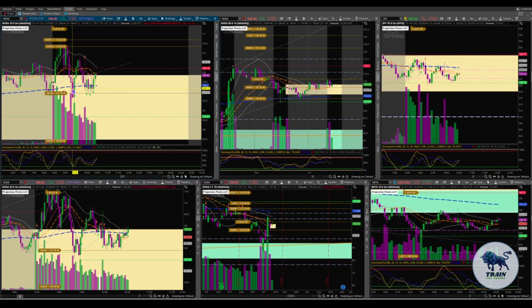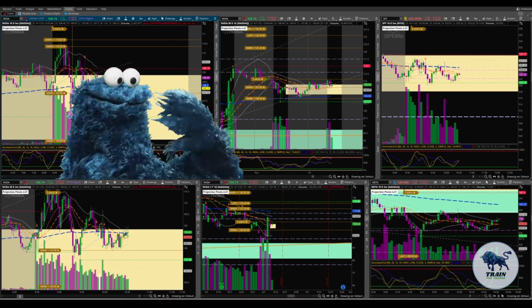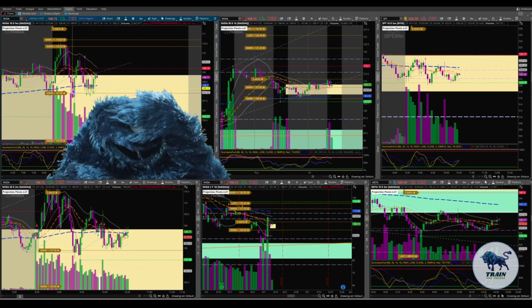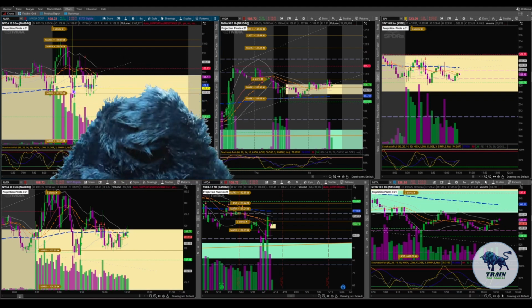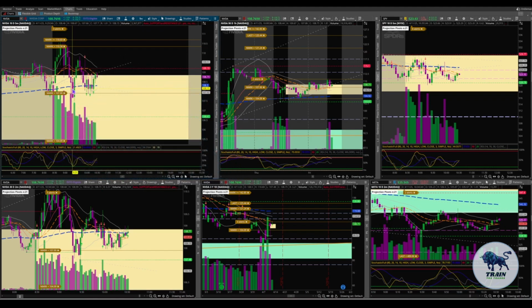It's working in our favor. Held the 200 on the 5 minute. Looks like we're trying very sluggishly to. Nope, never mind. Can't get away from the 200 on the 2 minute chart for some reason. So we're just stuck.